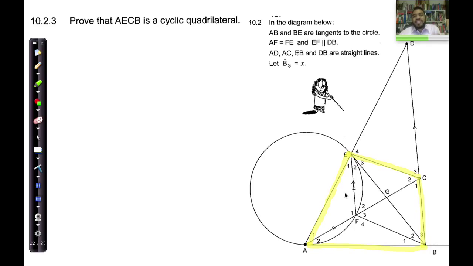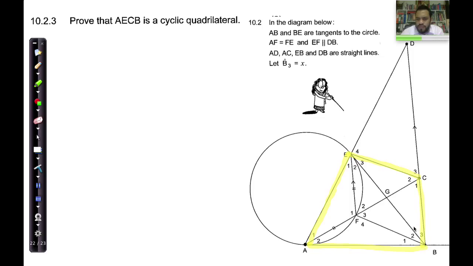Now those are the basic ways of proving things are cyclic quads, but this particular question is a little bit more tricky. So another way that you must remember that I can prove that something is a cyclic quadrilateral is to show that it holds true for the conditions of Euclidean geometry when those things take place in a circle. So this question is pretty straightforward.